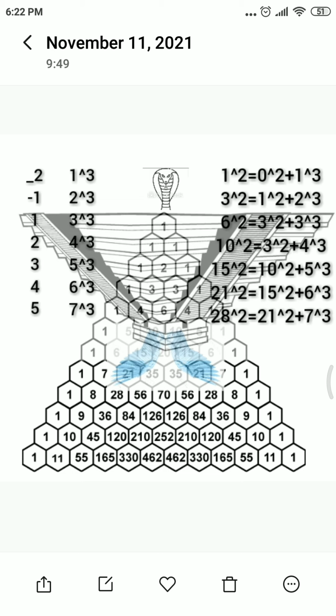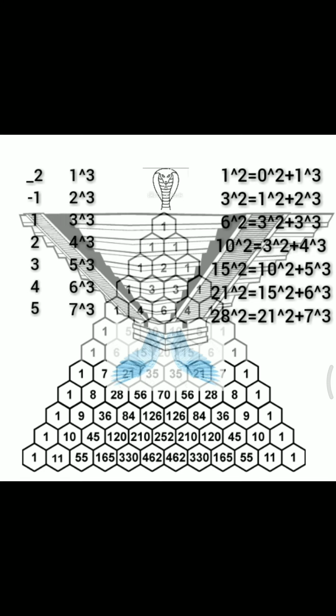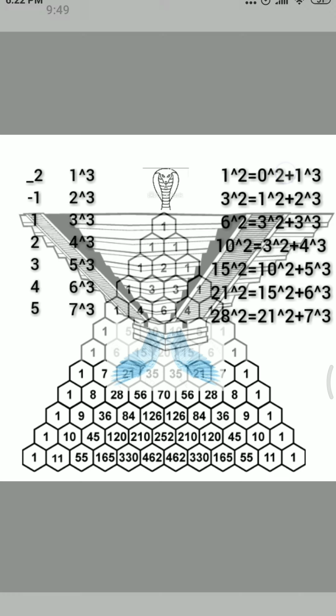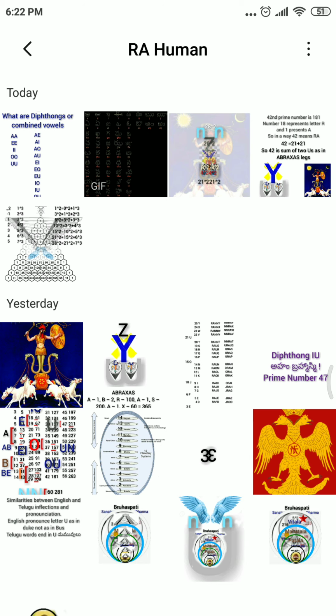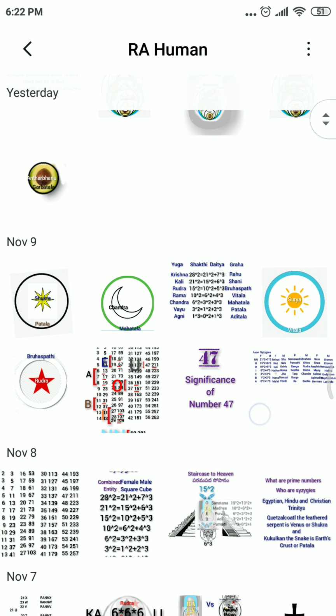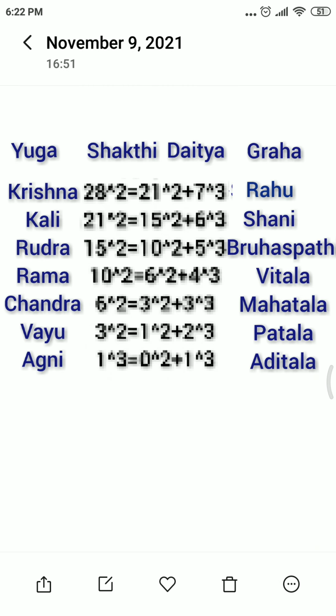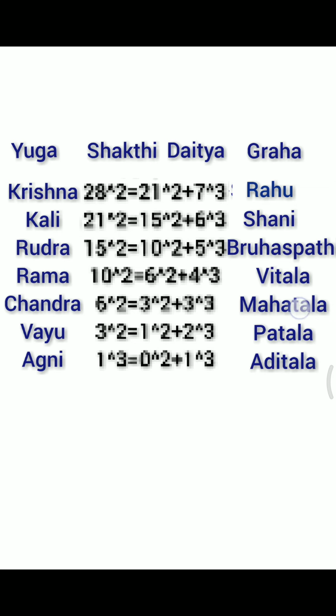So basically, these were the equations we had. These are the equations for the lokas. This is the Patala loka. This is Mahatala. I think I explained yesterday. I will show you. This is the one. This is Garbhatala, Patala, Mahatala.